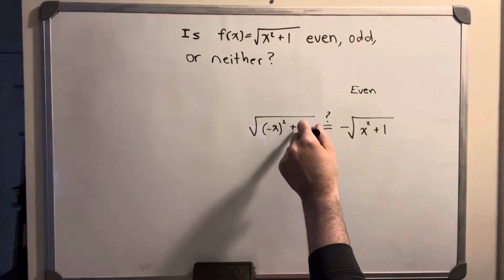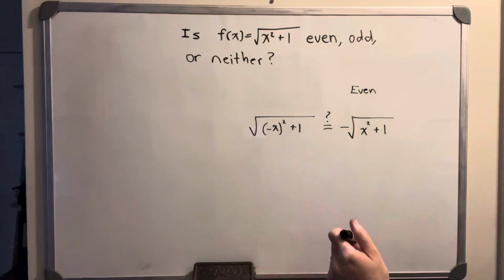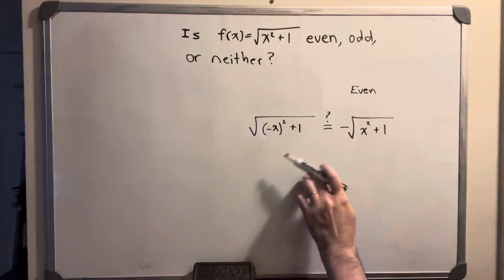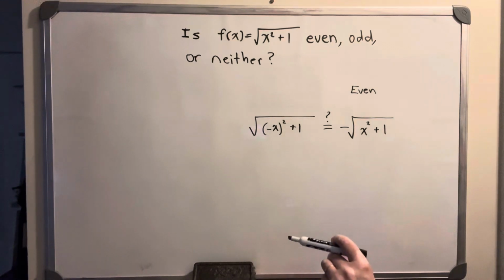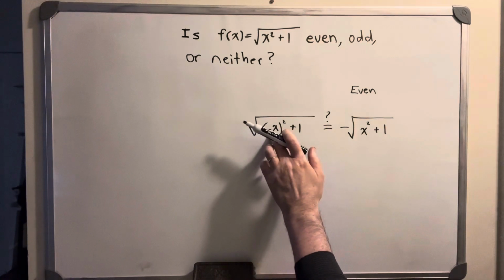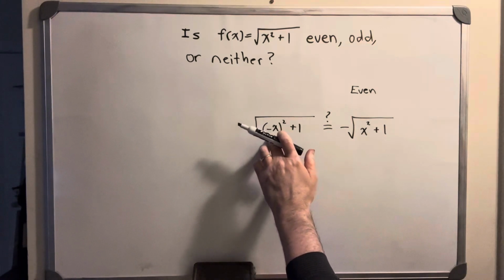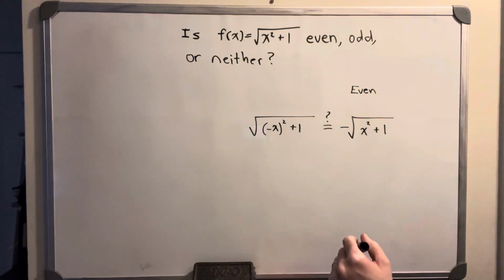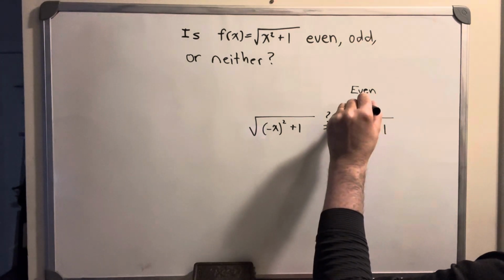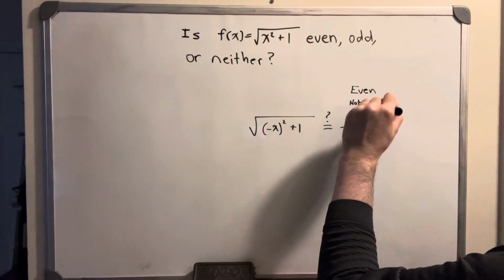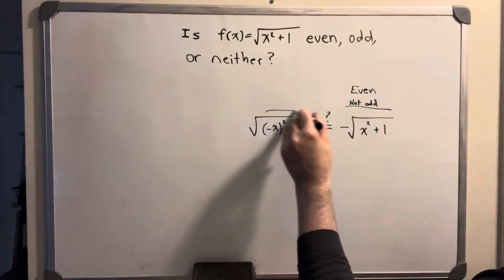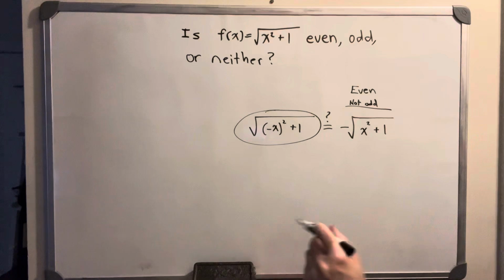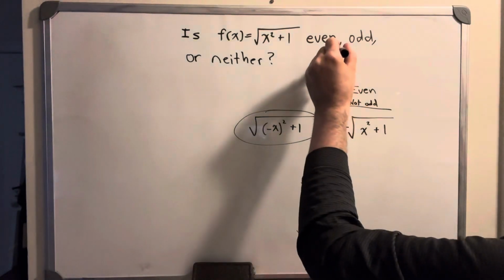You add 1, it's still a positive value. You take the square root, it's still a positive value. So now, if you think it is, try to give an example of where you plug in the negative of a value and you get a negative overall value. So yeah, this function is not odd, primarily because this function is positive for all values of input, right? So in this case, this is an even function.